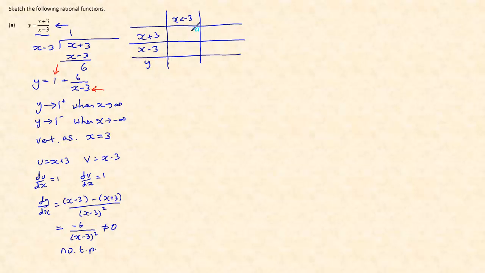This one changes sign at 3, so we'll go from negative 3 through to 3. And then we'll go for x more than 3. So less than negative 3, both of these would be negative, and so overall we get a positive. Between negative 3 and 3, this one becomes positive, negative, so negative, and then here they're both positive, so overall positive.